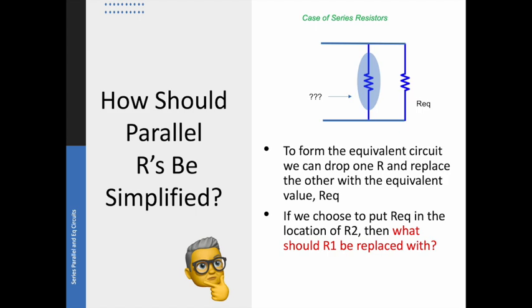Now let's say we wanted to simplify these parallel elements. We get the REQ value, fine. Let's say we associate that equivalent value with a new resistor over on the right-hand side, and we want to simplify the circuit. So what do we replace the other resistor location with?